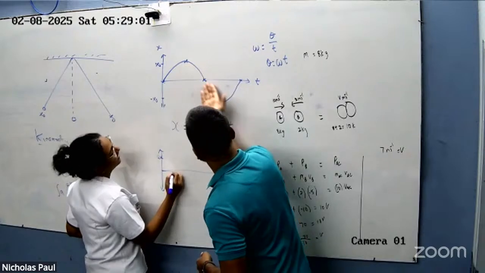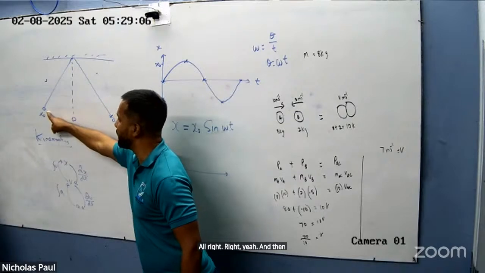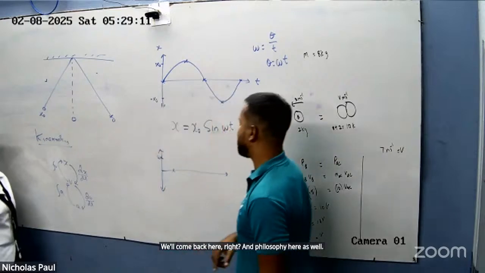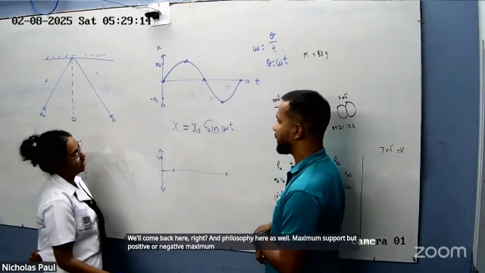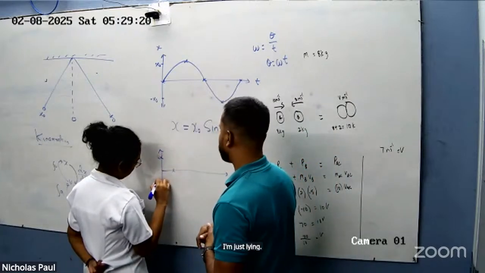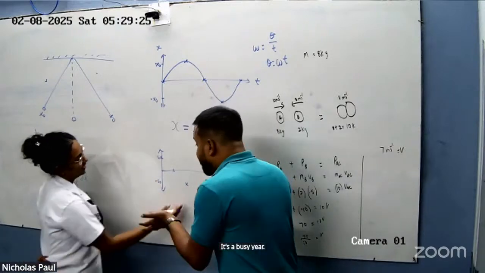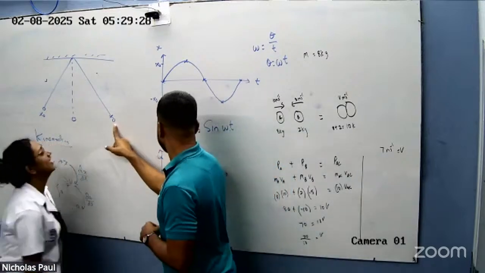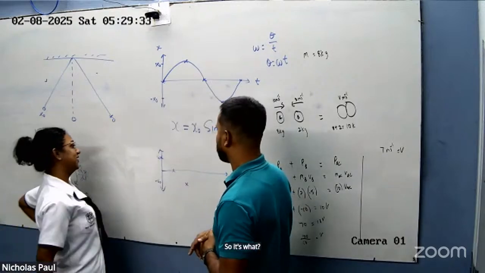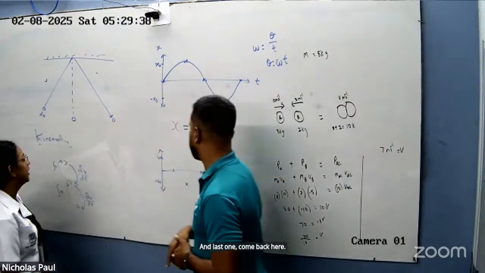And then when it reaches here, where is it going? It comes back here, and velocity here is what? Maximum. So put positive or negative maximum? It changes direction, right? So negative v0 here. When it reaches here, it's what? All right, so put 0. And the last one, come back here as well.